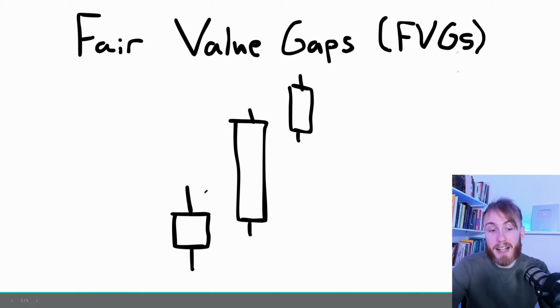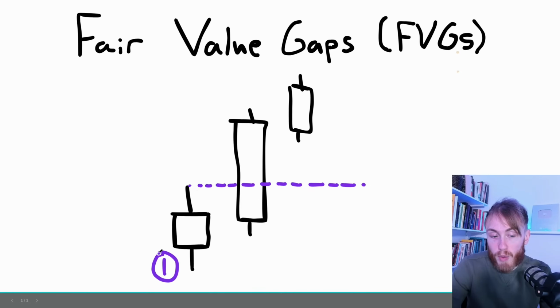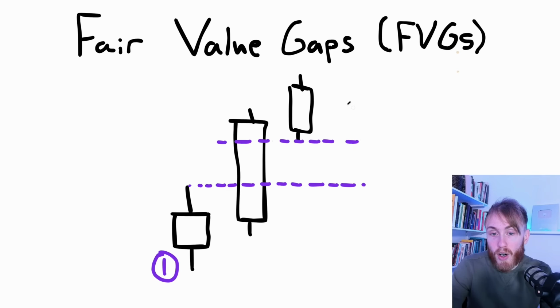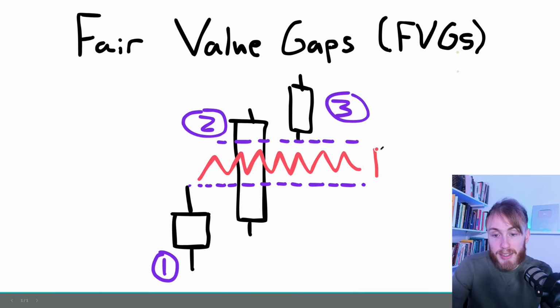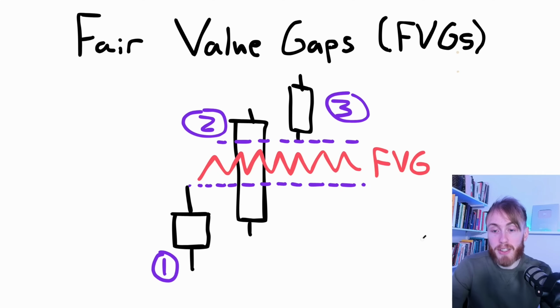What a fair value gap simply is, is the area in between the highest point of candle 1 and the lowest point of the wick of candle 3. So we have candle 1, 2, 3, and the fair value gap is simply the area in between. This right here is the fair value gap.